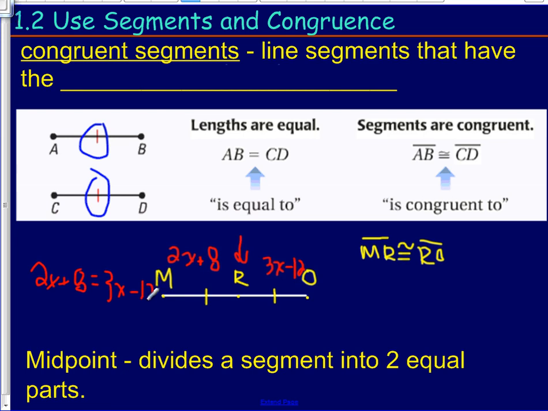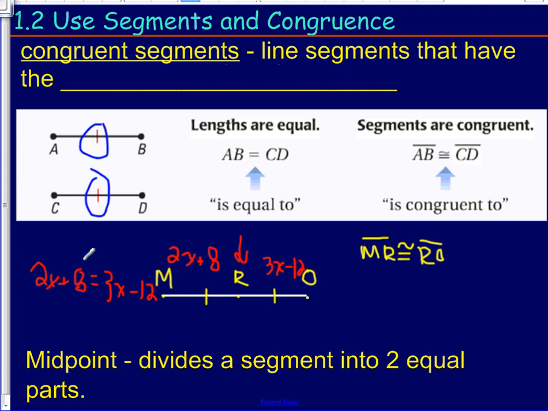And if you think about it this way, we want to set these equal to each other because the two segments are equal to each other. So in this case, we could solve for x, and then whatever we find x to be, we could plug it back into the original lengths, which could be 2x plus 8 or 3x minus 12.